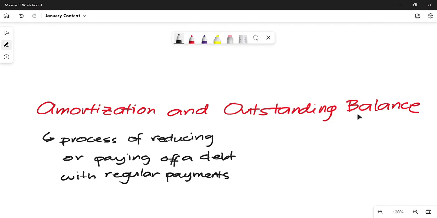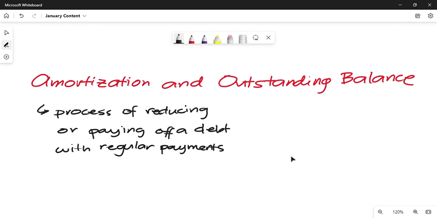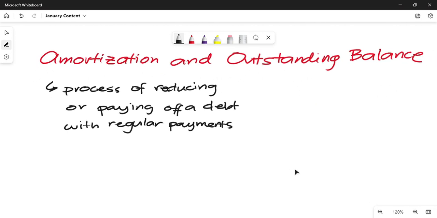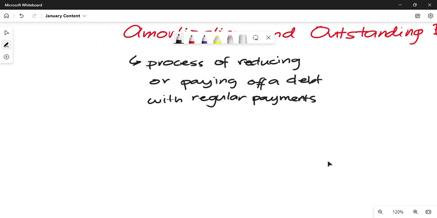And outstanding balance, on the other hand, is the balance remaining from that amortization, from the loan or mortgage you have taken. In this video, I will be introducing two formulas. The first formula is to solve for amortization, and the second formula is to solve for the outstanding balance. But first, let us start with amortization.